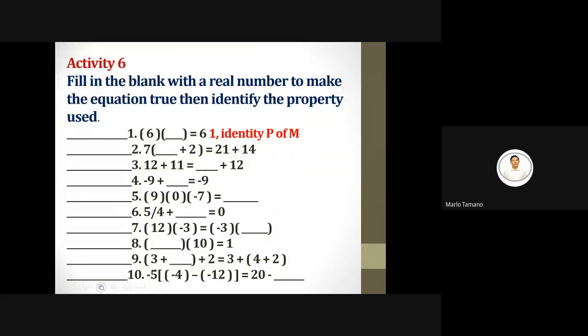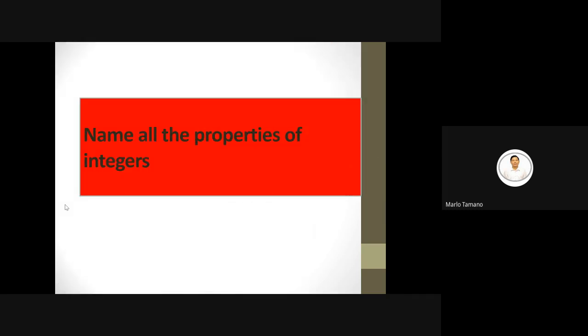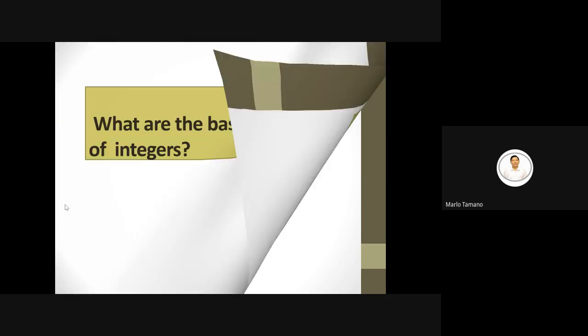Now, for your activity number 6, fill in the blank with the real number to make the equation true, then identify the property used. No? Of course, before that, you can go back to the different properties and try to recall them.